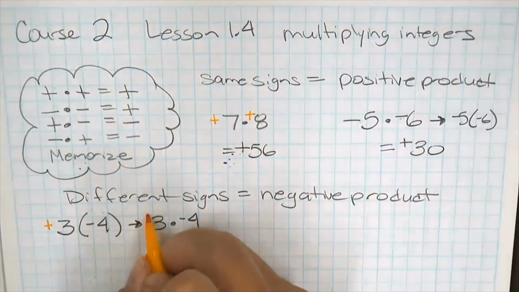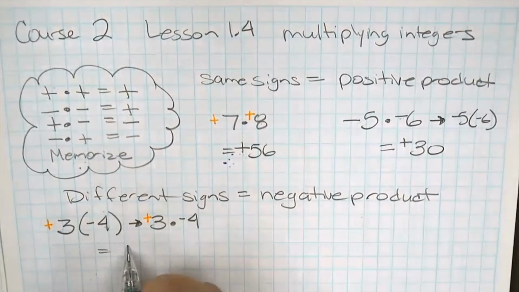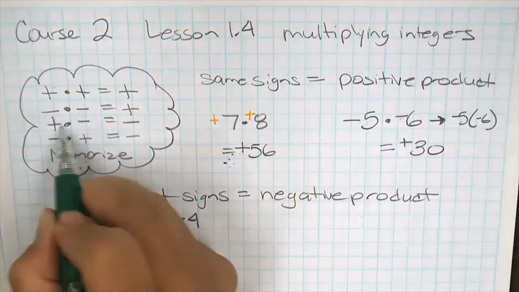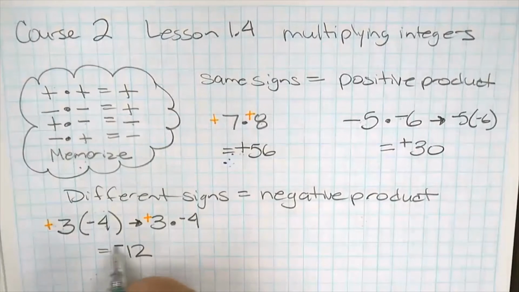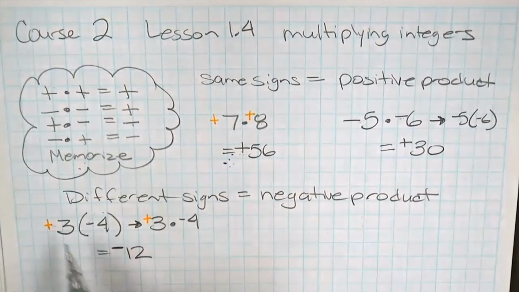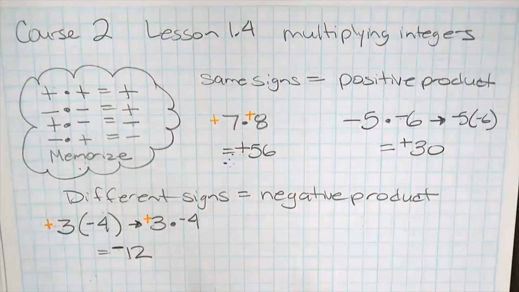If it helps you, you can pencil that positive sign in. So we know 3 times 4 is 12, but we have a positive and a negative, so my product is going to be negative. When we're multiplying different signs, our product is going to be negative.